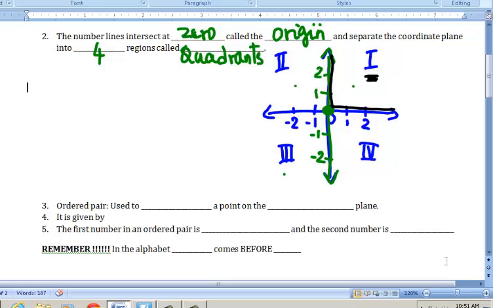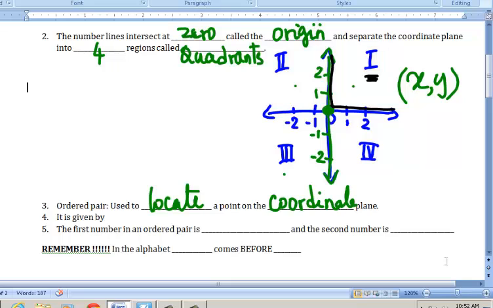And the way we did the ordered pairs there was to write x comma y and then put them in parentheses. Remember that? An ordered pair is used to locate a point on the coordinate plane. That's all it is. It's given by x comma y, both in parentheses.